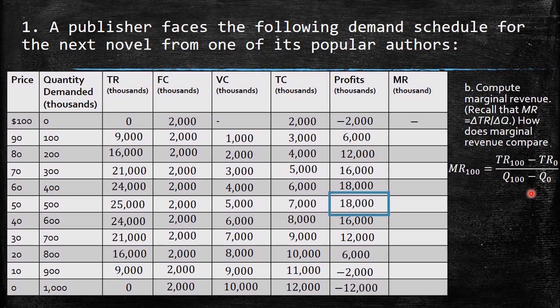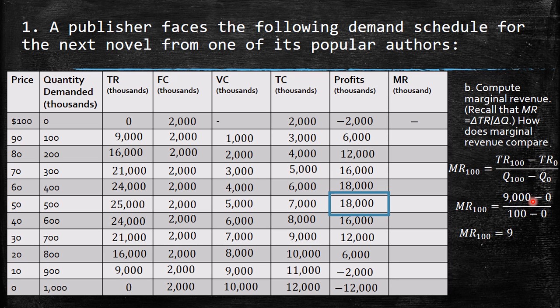Remember, this is all in thousands. The total revenue when you sell 100 units is going to be 9,000. This one minus 0 over 100 minus 0. So this one is going to be just 9,000 over 100.